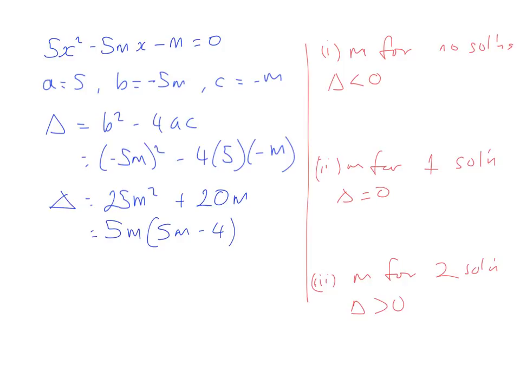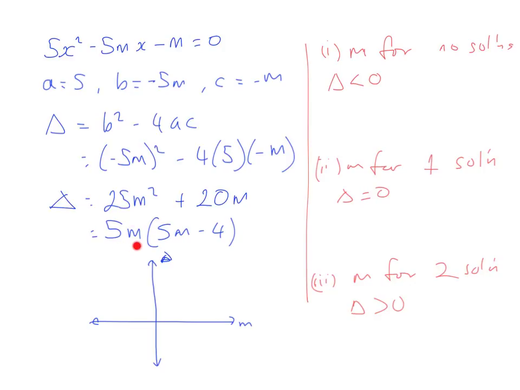So how am I going to find this? I want the values of m. You've done this before: if I'm going to graph this quadratic, instead of having x and y, I'm going to have m and delta. So if you think about that, that's the same as y equals 25x squared plus 20x.